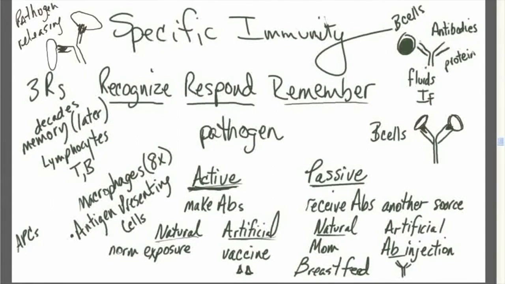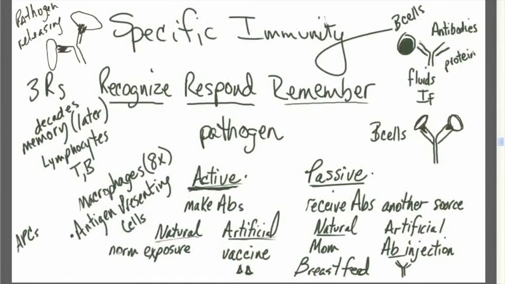So when we're talking about active and passive immunity, what you're going to actually see is we refer to this in whether the immune response is actually making antibodies. If we are making antibodies, we call that active immunity.